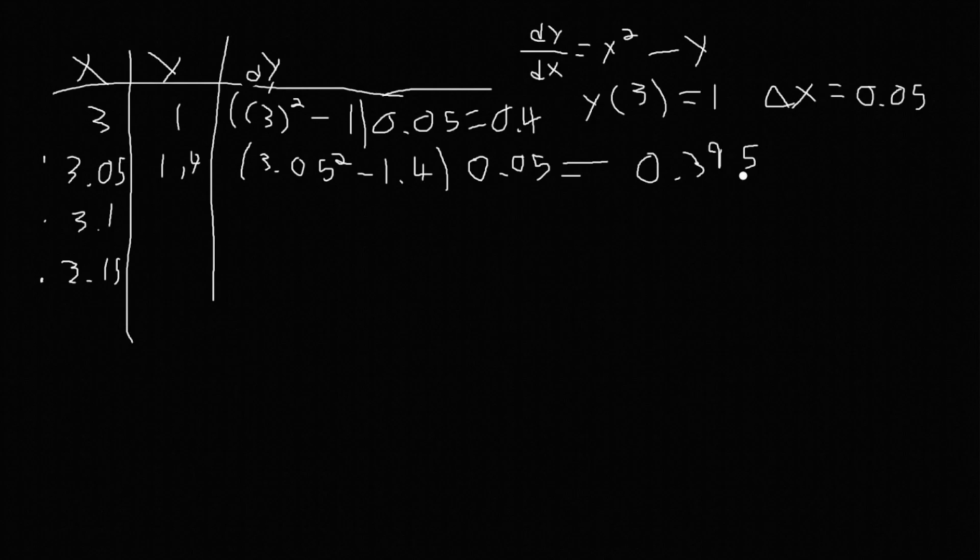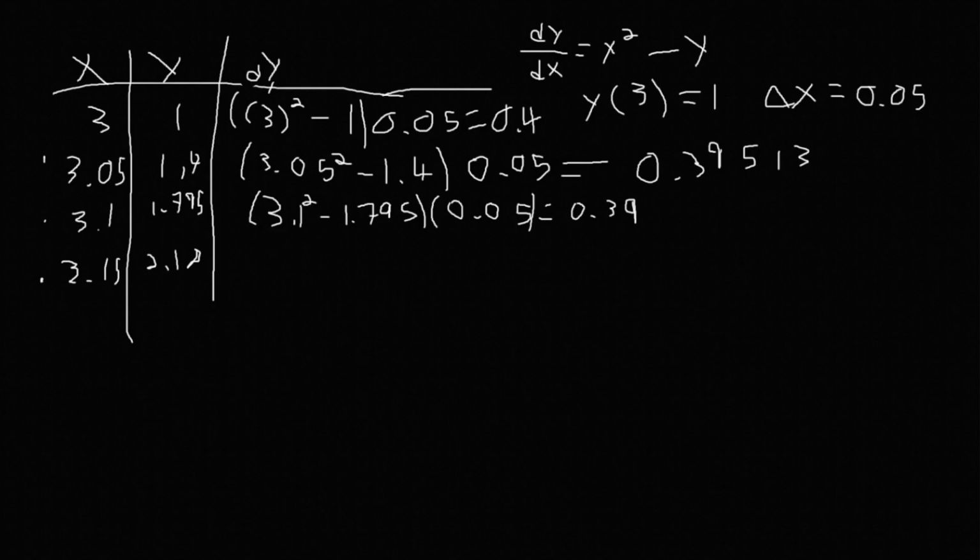My best suggestion is if you're allowed to use a calculator, go to like 5 decimal places. And then you add this back to your 1.4. I don't have enough room here, so I'm just going to write about 1.795. And then I will continue this for the rest of them.